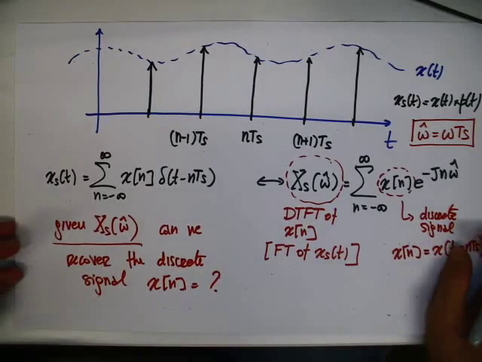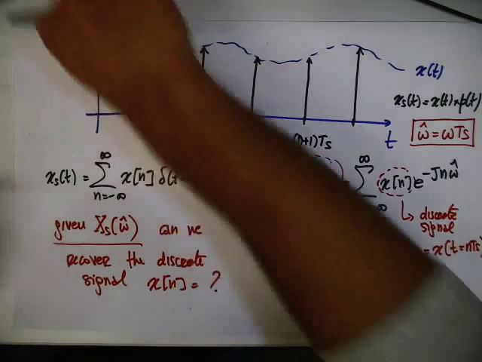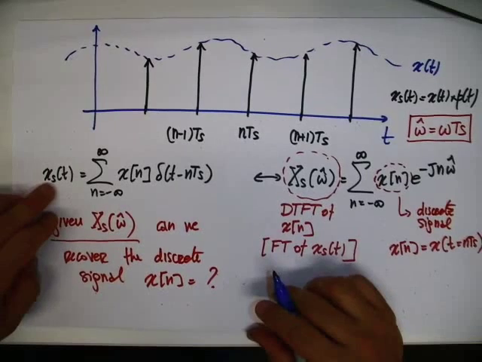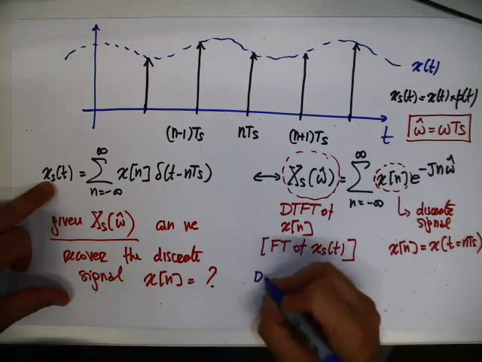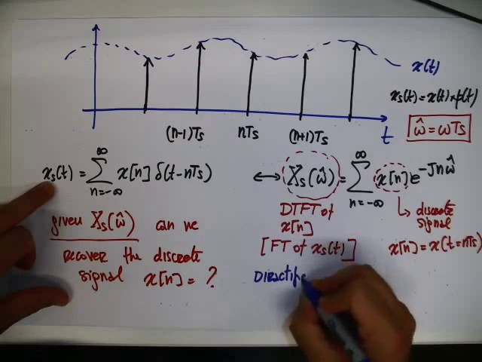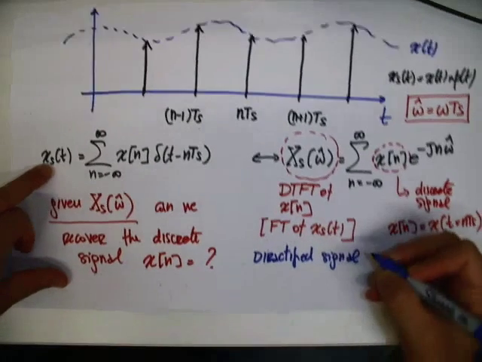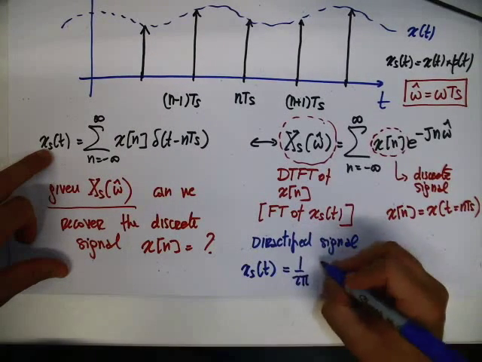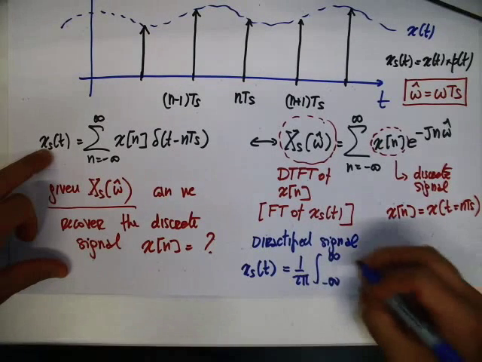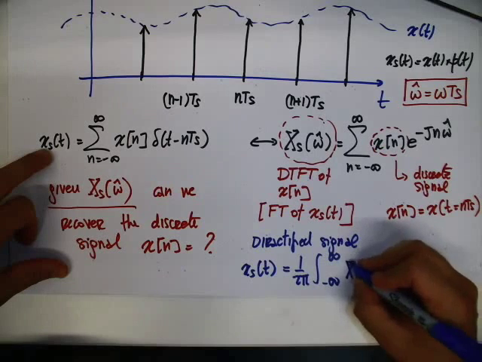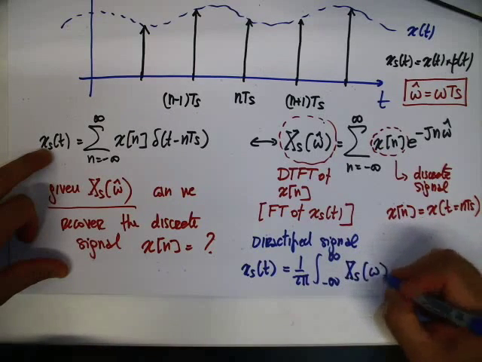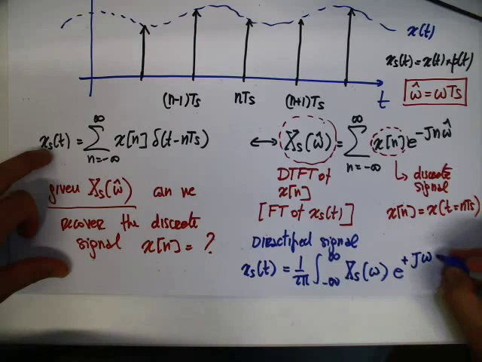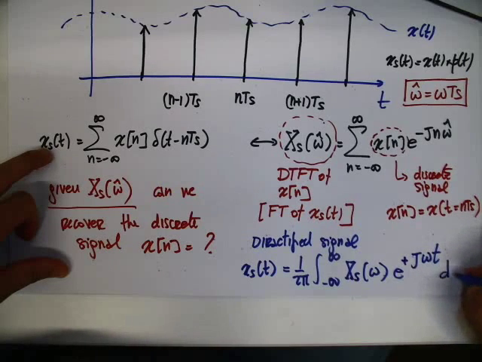Well, of course, what we can do now, we can exploit the inverse Fourier transform and derive the original, the Dirac-ified signal. x_s(t) is equal to 1 over 2 pi, the integral between minus infinity and infinity of X_s(omega) e to the plus j omega t d omega.